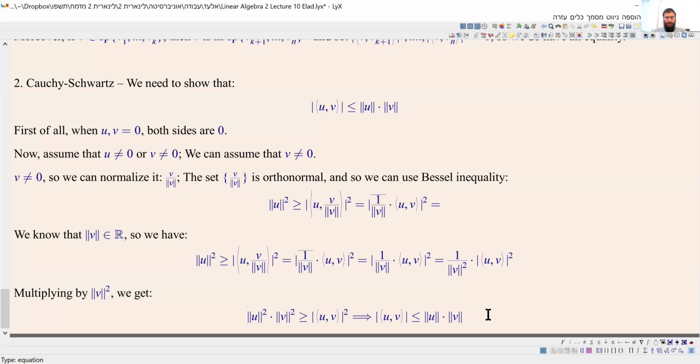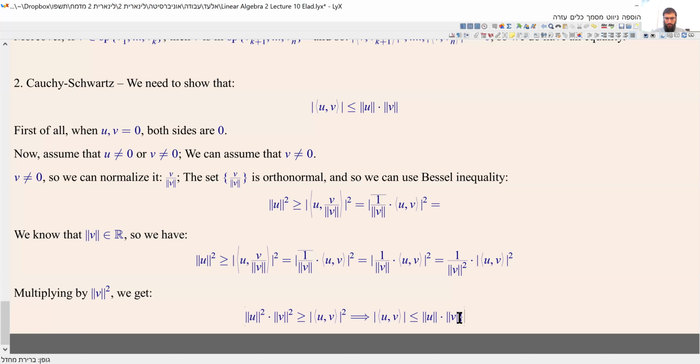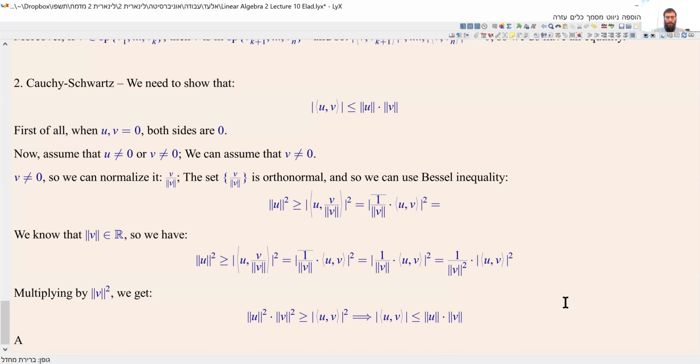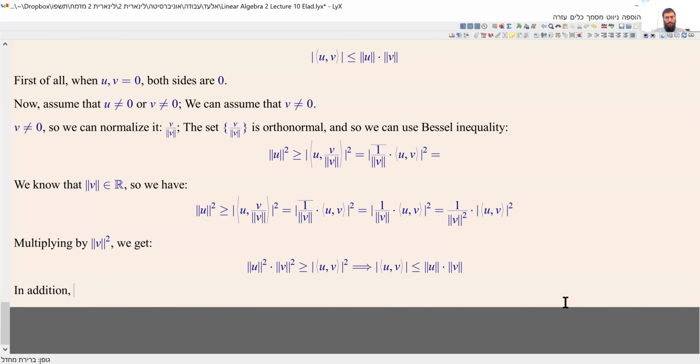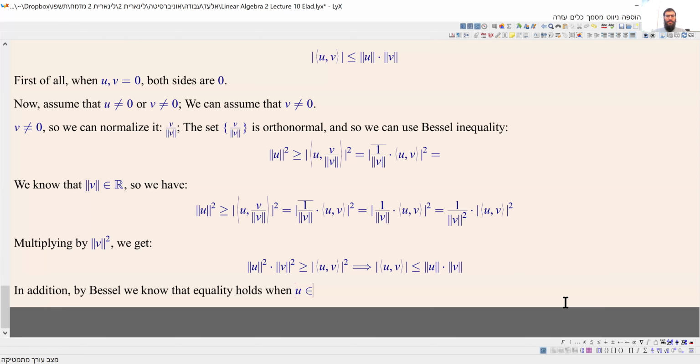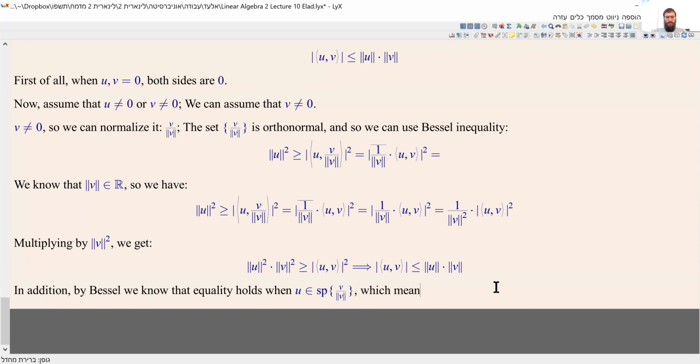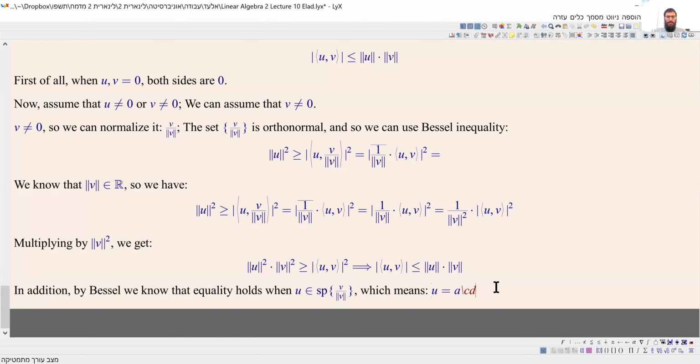Moreover, by Bessel, we know that equality holds when U is in the span of V over the norm of V, which means that U is some scalar multiplied by this vector.